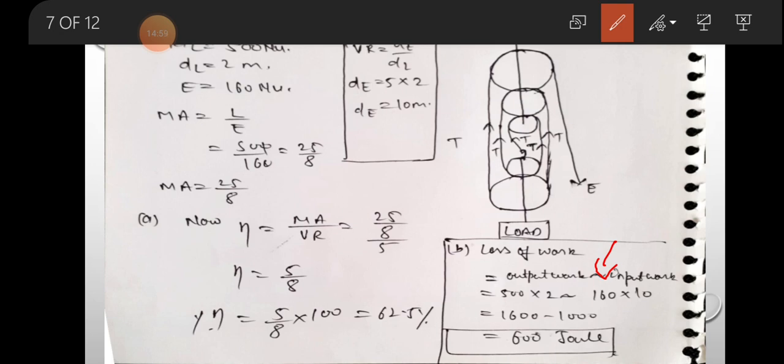So simply loss of work will be equal to 1600 minus 1000, which is 600 joule.